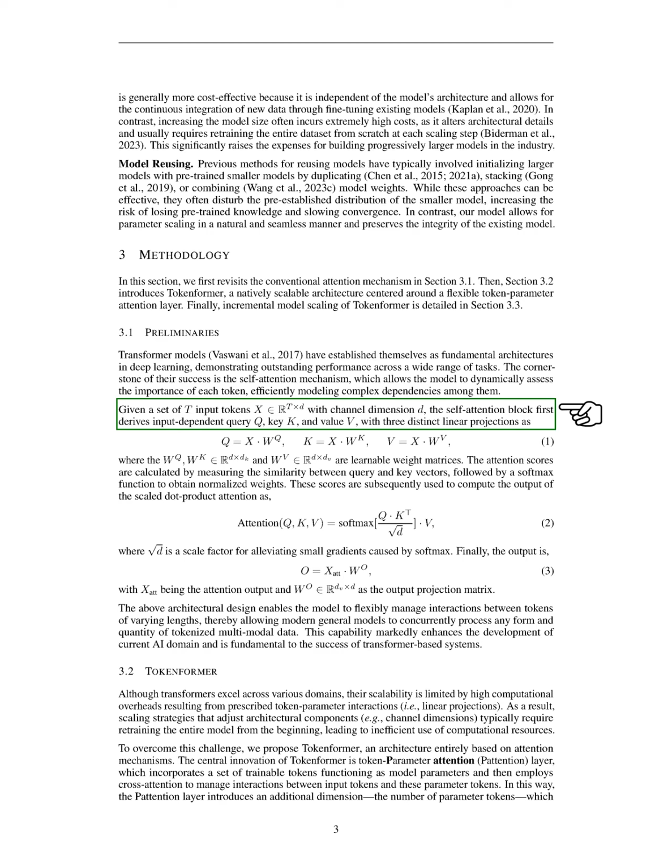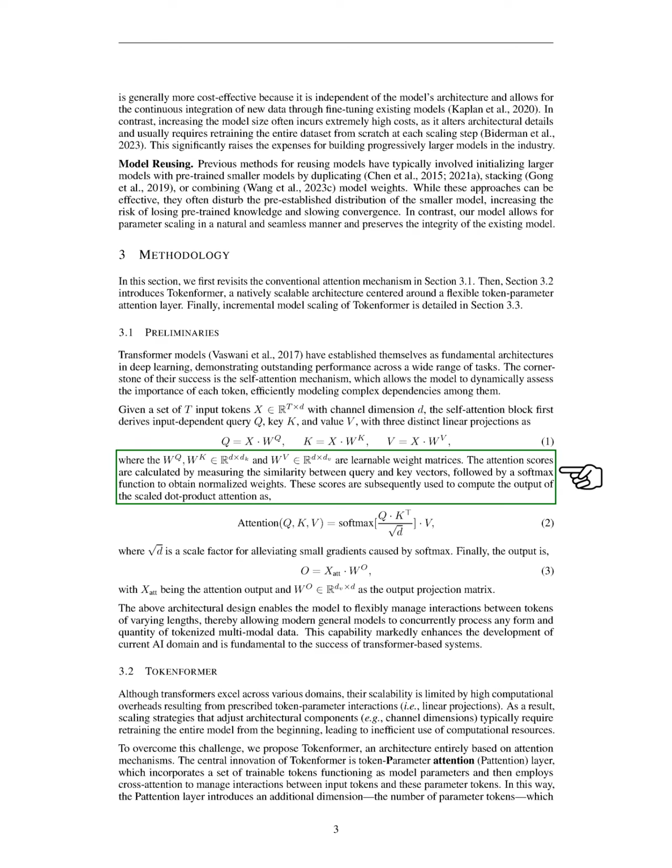We start with a set of input tokens represented in a matrix format, where each token has a specific channel dimension. The self-attention block generates three components: query, key, and value, through distinct linear transformations using learnable weight matrices. We calculate attention scores by assessing the similarity between query and key vectors, applying a softmax function to normalize these scores.